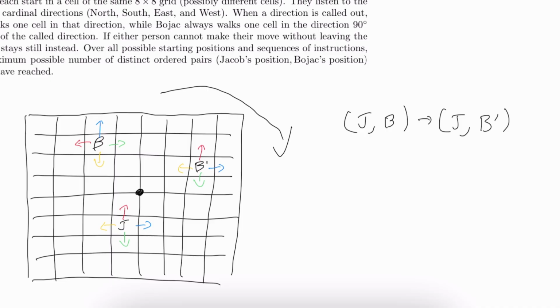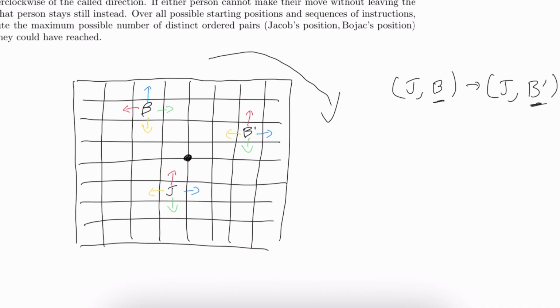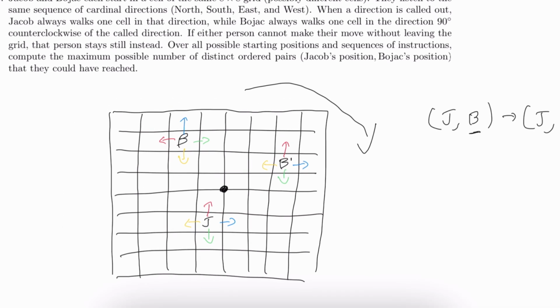So any new position that B is in, there will be a corresponding new position that B prime is in. So now we can just look at the number of distinct ordered pairs of Jacob's position and B prime's position. I'll just say J and B prime for now.